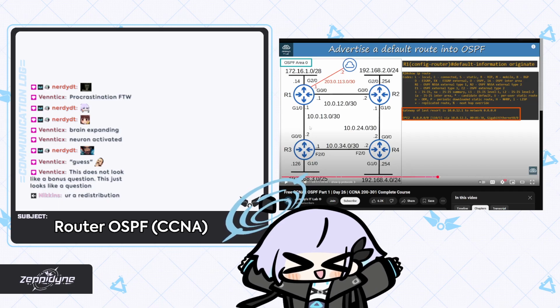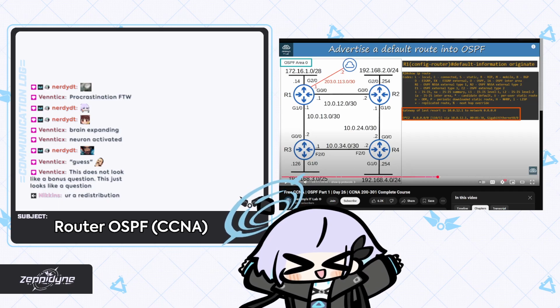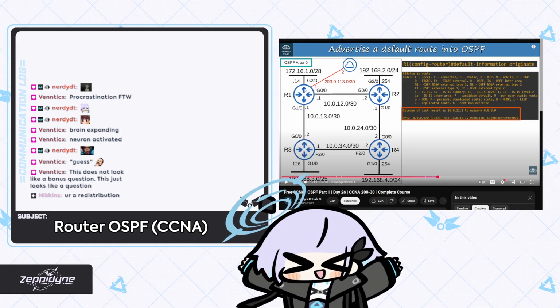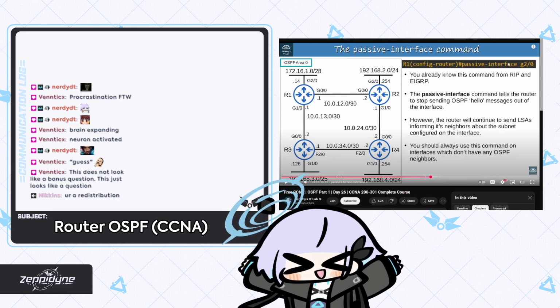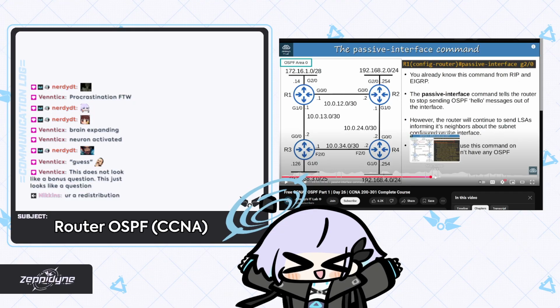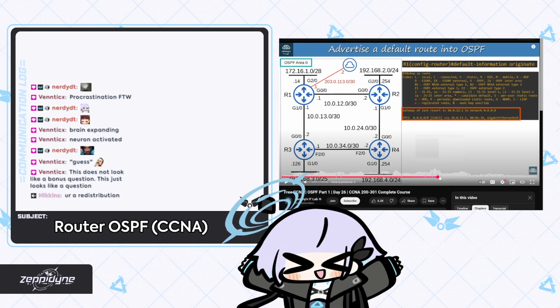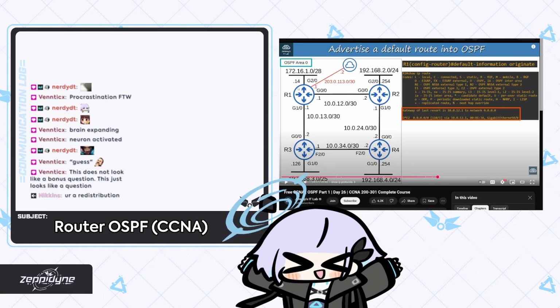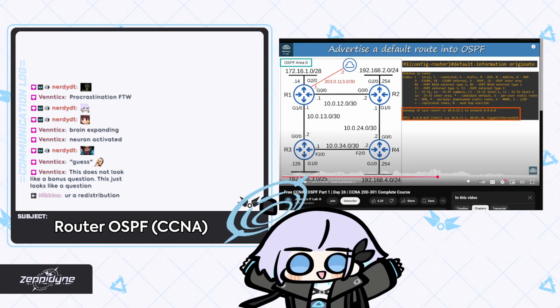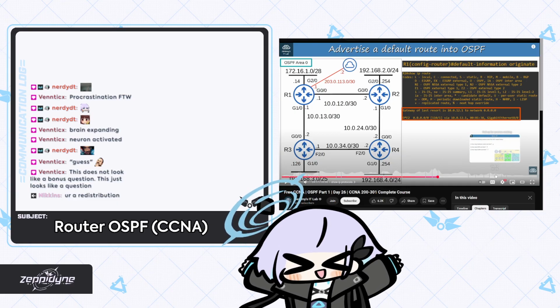I think in this configuration, we've already done that with all of these. It doesn't talk about the ones that don't have it activated. So we used passive-interface on G0/2, which is this one, so using this command doesn't reveal this. Like, this is R1's personal space, in a sense. You're not supposed to know about that.